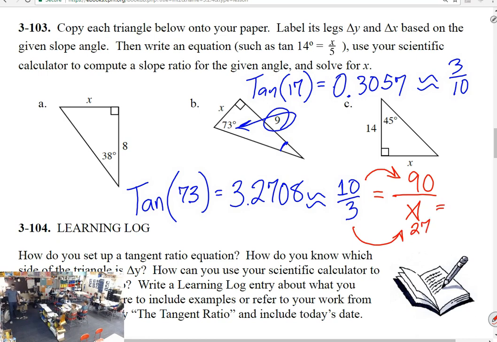It would really be 2.7. We cross multiply. Right? Proportions. You can always cross multiply. So if I was still back at this step, 9 times 3, 27 divided by 10, 2.7. Have we forgotten to cross multiply?